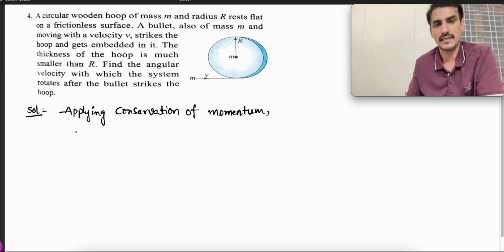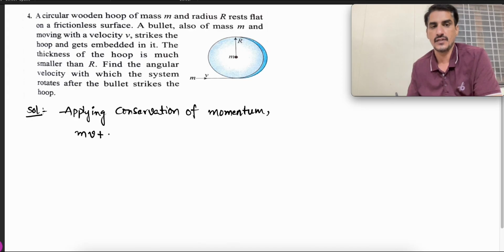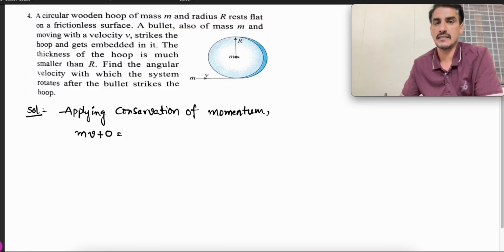So we can write m into v plus, the first particle is moving with velocity v, and the hoop is at rest initially before collision, so its momentum is 0. After hitting, let us assume that this disc is moving with a certain velocity vc, the velocity of center of mass.